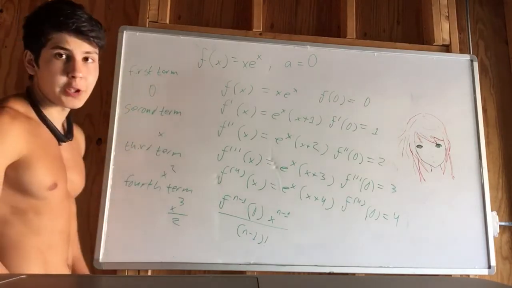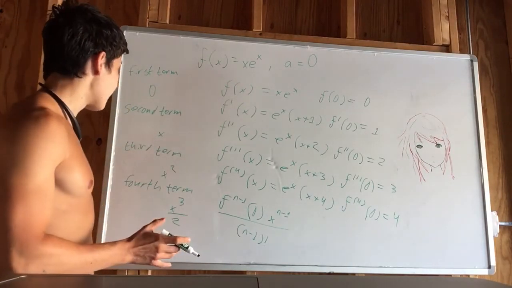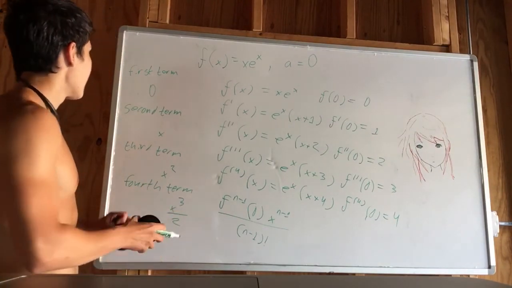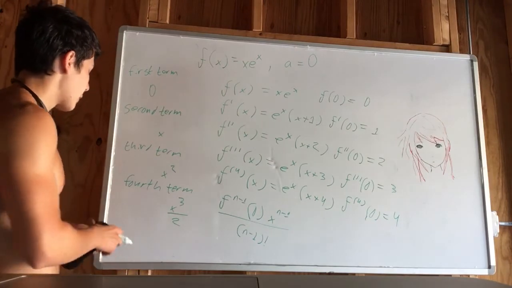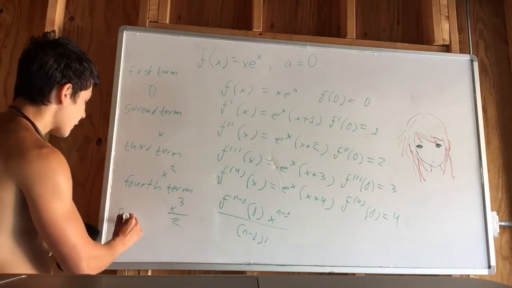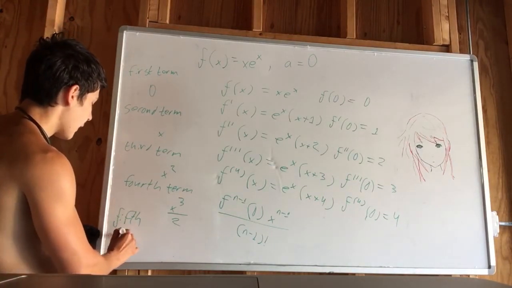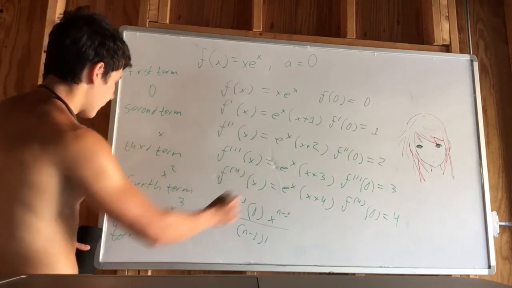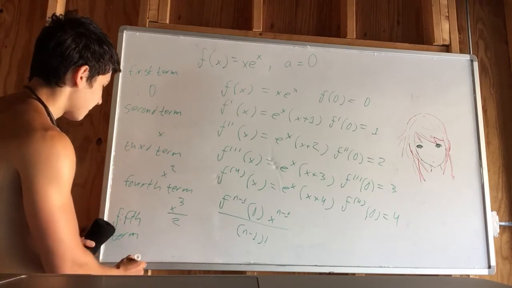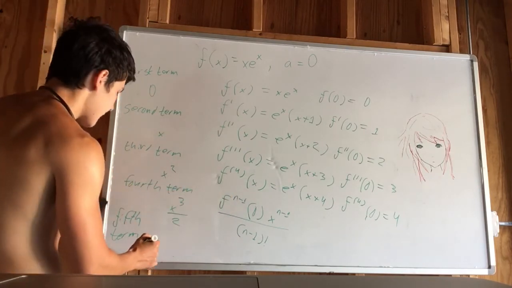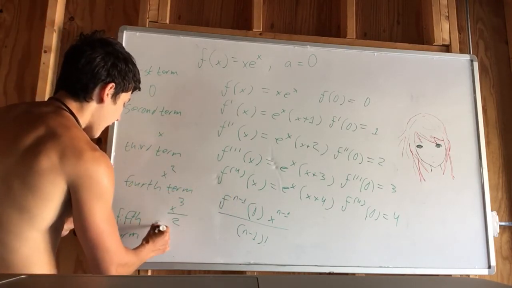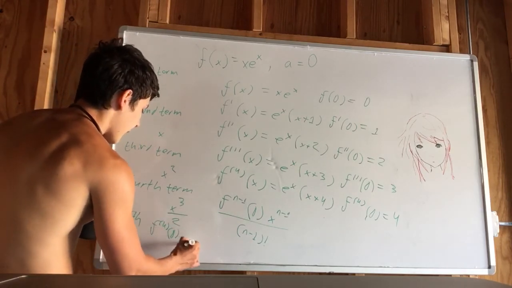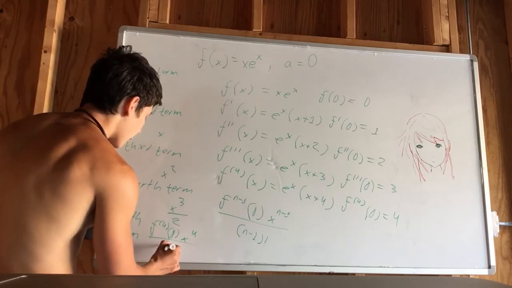And we found our first 4 terms, but remember we were asked to find not just the first 4 terms, but the first 4 non-zero terms. Our first term was actually a 0, so we have to keep going. What's our 5th term? Luckily, we also found that early on. So we plug in 5 into this, and this is going to be f to the 4th derivative of 0, x to the 4 over 4 factorial.